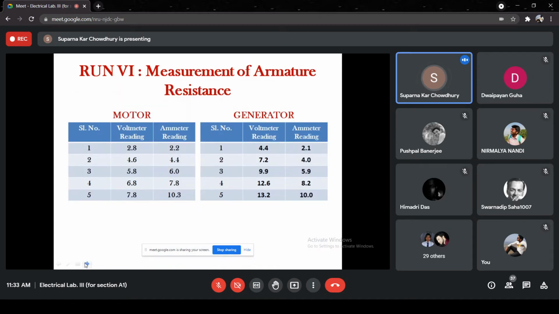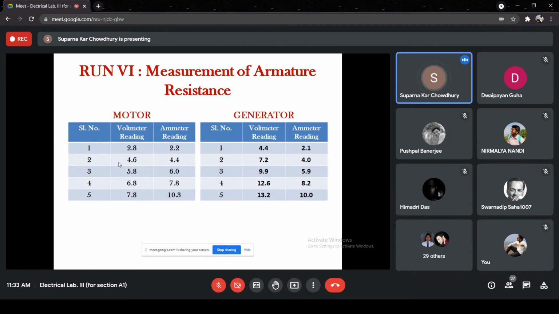Now we have to measure the armature resistance also, both for the motor and the generator. For the motor, it is needed for calculation, because I have to subtract the I square R loss.